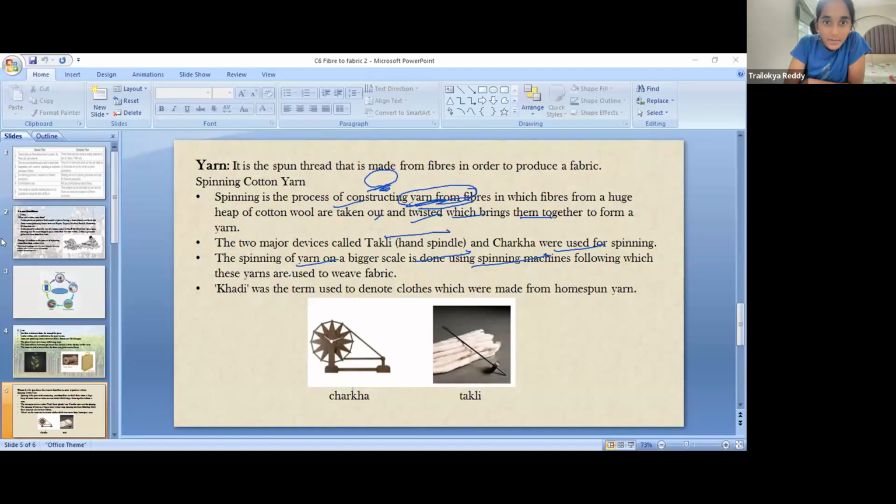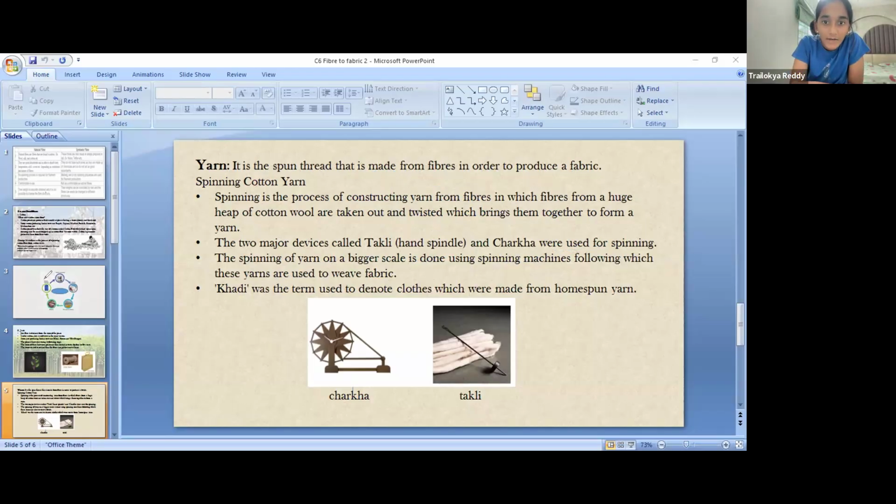Yarn. It is spun thread that is made from fibers in order to produce fabric. Spinning cotton yarn: spinning is the process of constructing yarn from fibers, in which fibers from a huge heap of cotton wool are taken out and twisted, which brings them together to form a yarn.